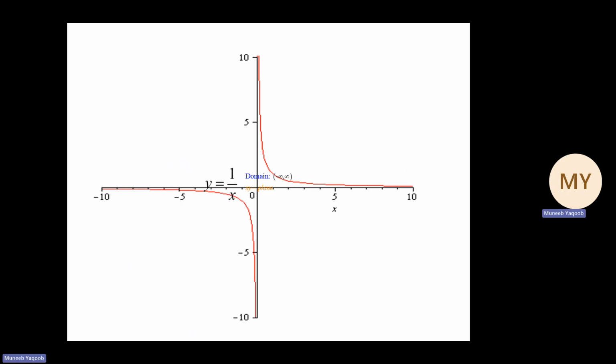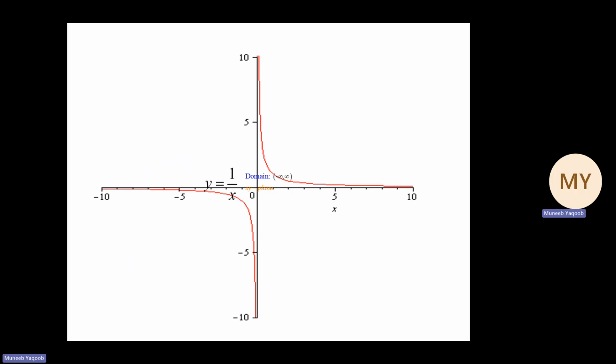We can put every x in the given function other than x equals 0. Why? Because if we put x equals 0, then the function becomes y equals 1 upon 0, and anything divided by 0 is undefined.